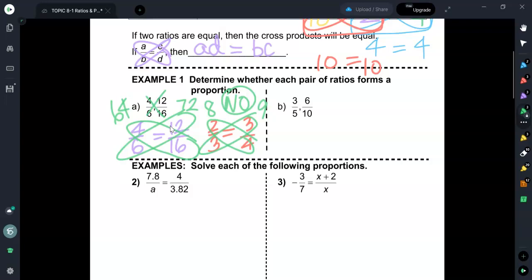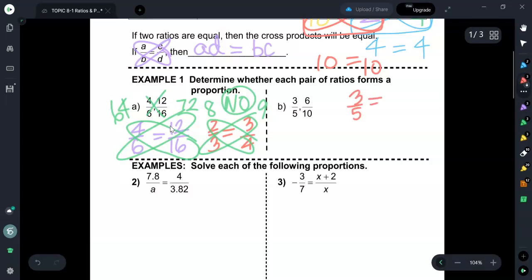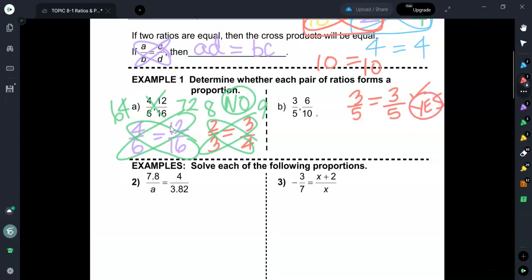Case in point, the very next example. If I take 3 over 5 and do the reducing first, can I reduce 6 over 10? I actually can. 2 goes into 6 3 times, and 2 goes into 10 5 times. I don't have to cross multiply. My answer is yes, this is a proportion. They're equal. But let's say you're having trouble reducing.